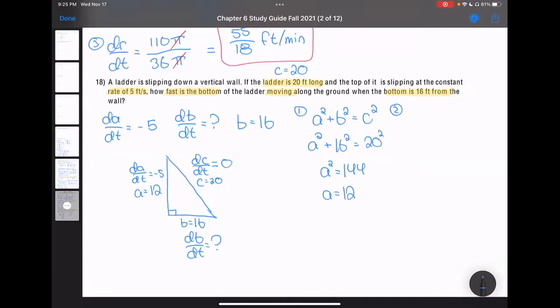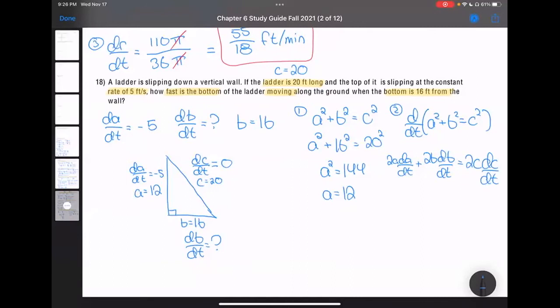So taking the derivative with respect to time of A squared plus B squared equals C squared, we had 2A dA dt plus 2B dB dt equals 2C dC dt. There we go.